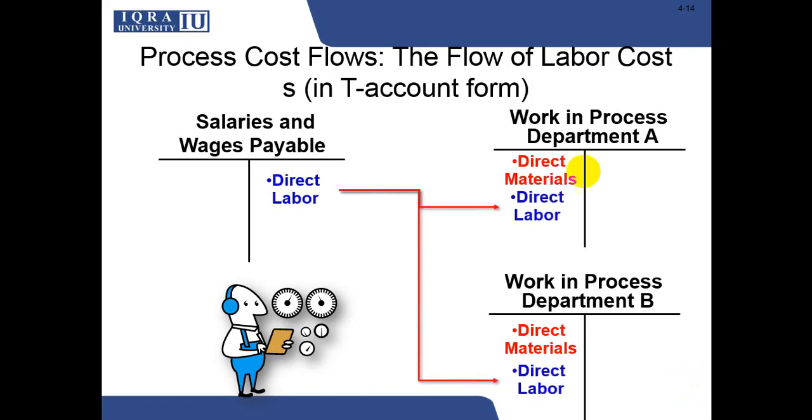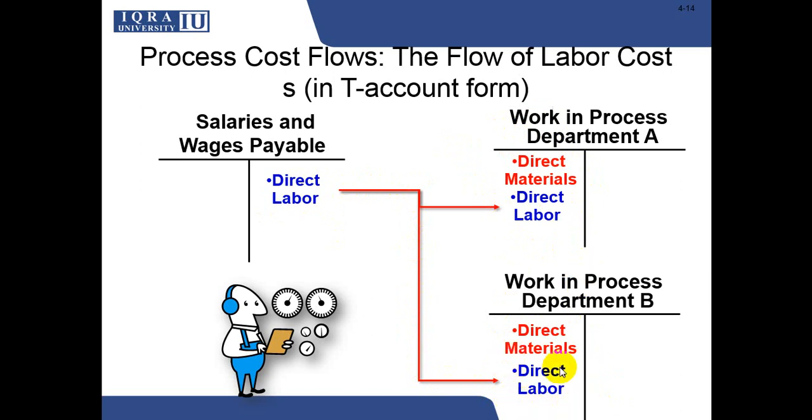Second thing is the process cost flow, the flow of labor cost in T account. Labor cost, salaries and wages payable. Labor is a liability account. When labor is incurred in two different departments, the direct labor is debit in Department A, and in Department B the second direct labor is incurred.